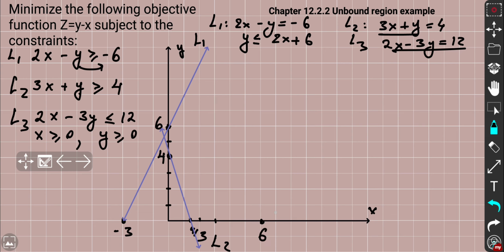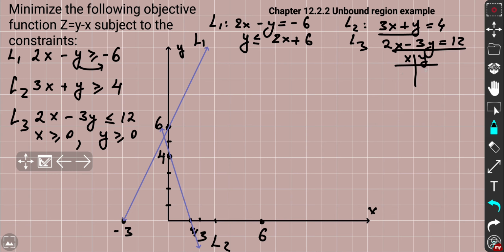That's one point for L3. Let's take another: 24 over 2 is 12. We can set up a list of values for x and y.